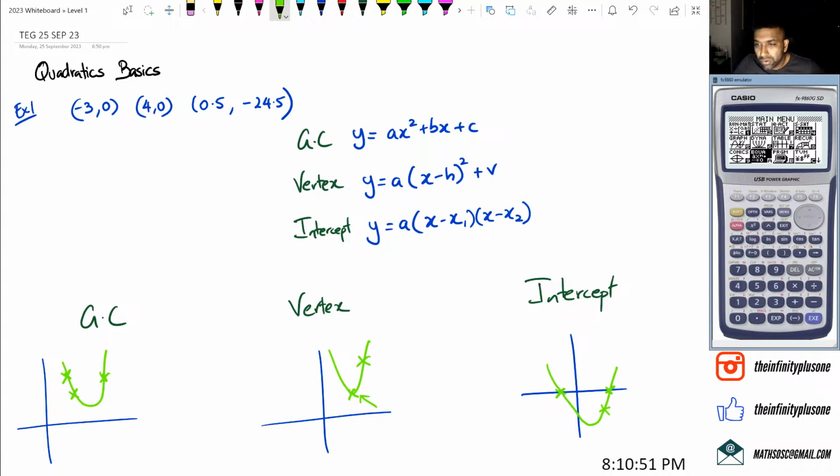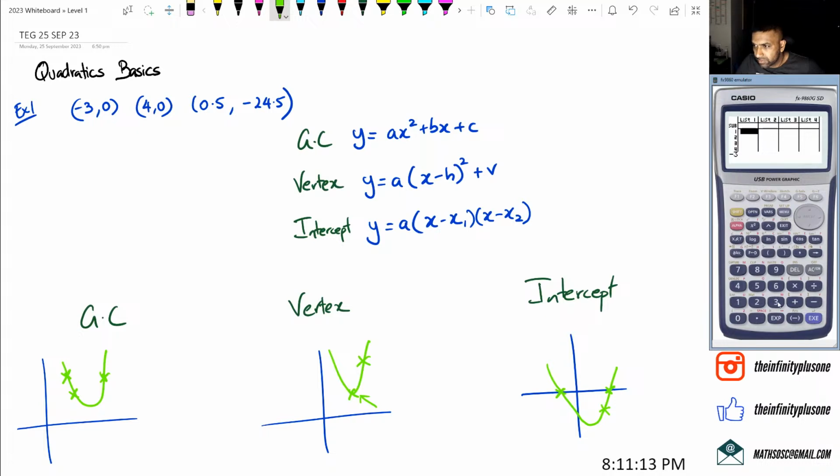Okay, so the first thing I'm going to do is show you guys how to do it in the graphics calculator. We're going to go into menu and click on stat mode, which is really weird, but this is how the calculator works. In list 1, we're going to write down all the X values, and in list 2, all the Y values.